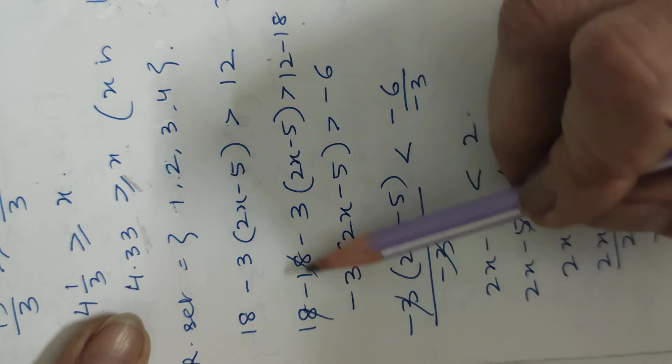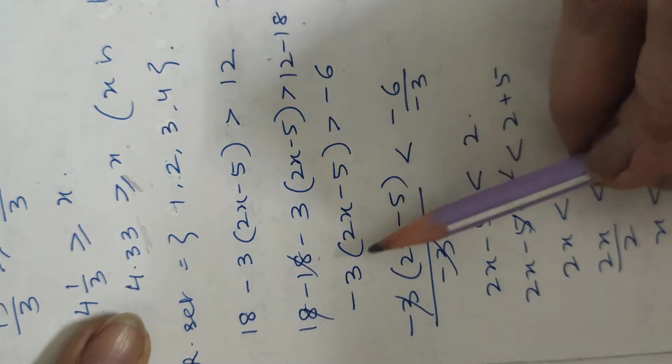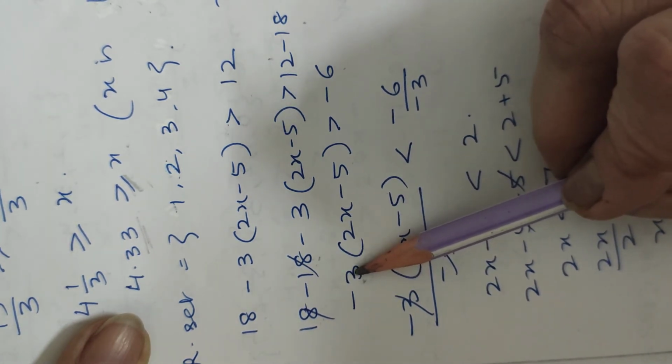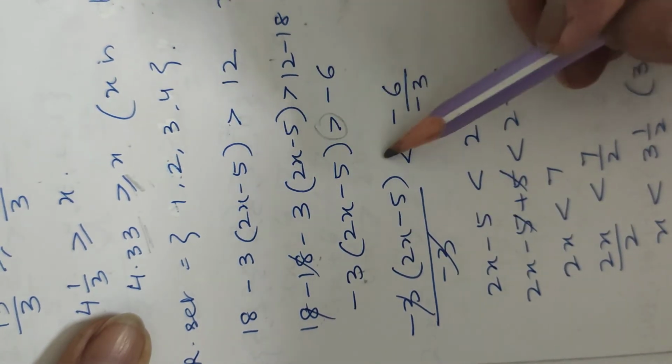Your sum, when this 18 is removed, becomes this. Now I am removing this minus 3. For this removal I have to divide by minus 3. When I divide this by minus 3, this inequality sign will change.